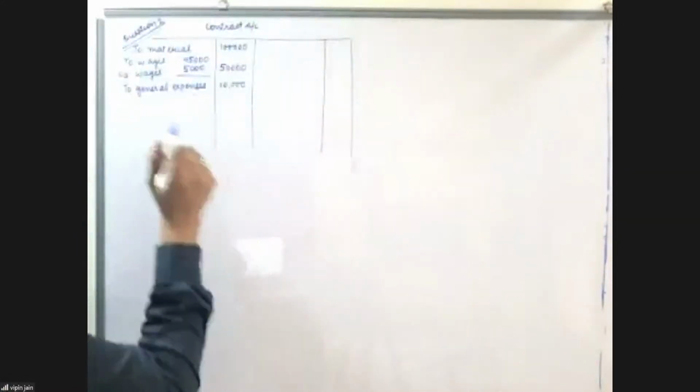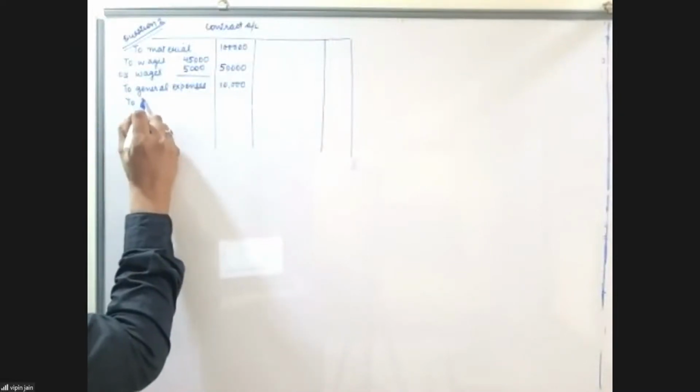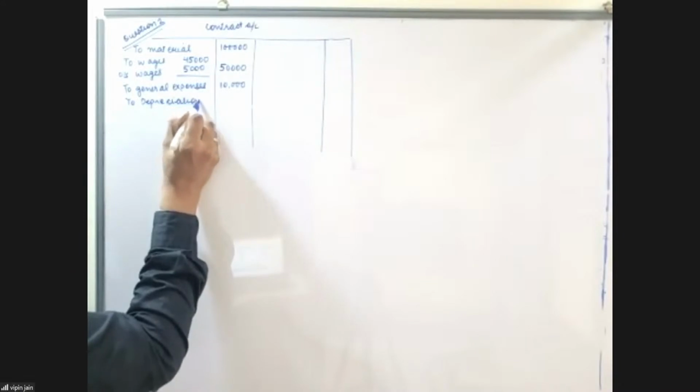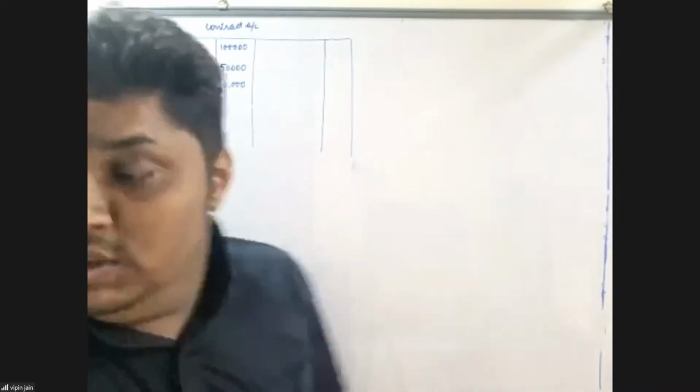Further, instead of writing plant purchase, that is opening and closing balance of plant, we will directly write depreciation on plant. So here the depreciation on plant is 5,000.